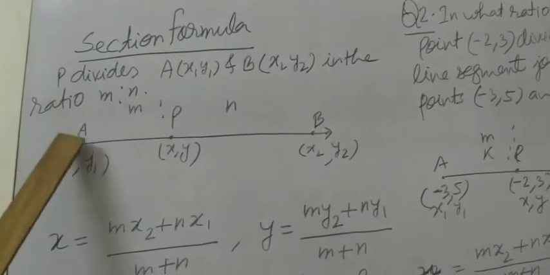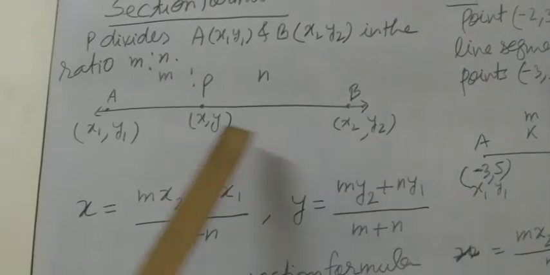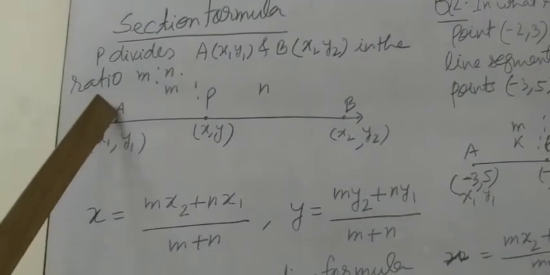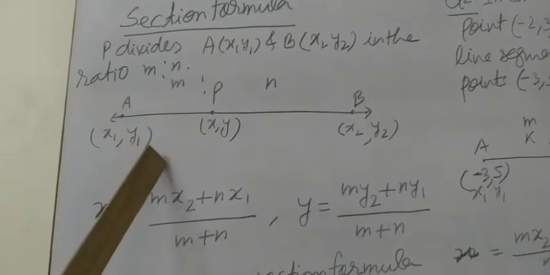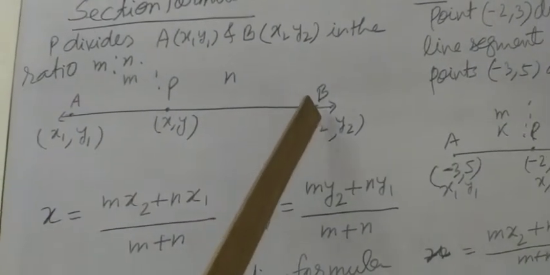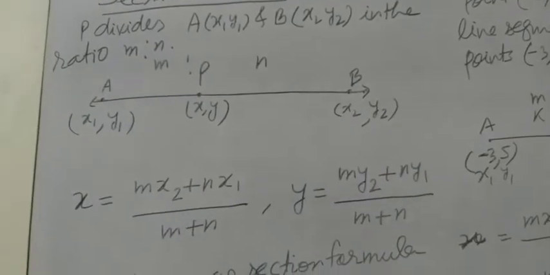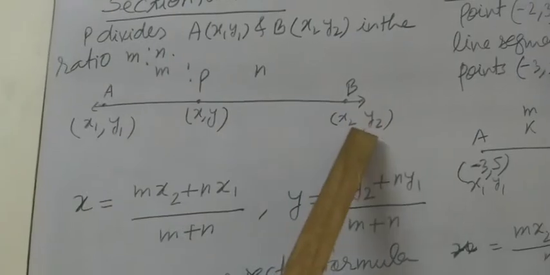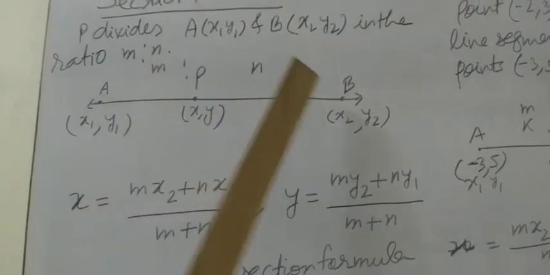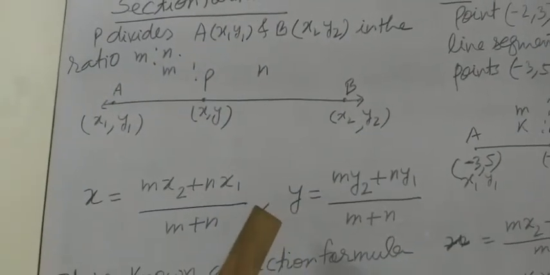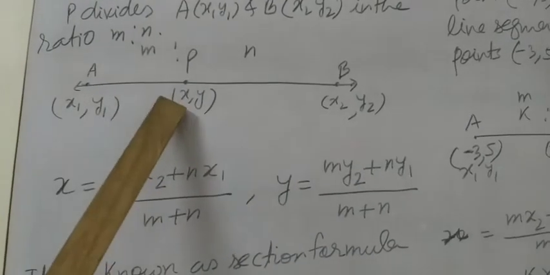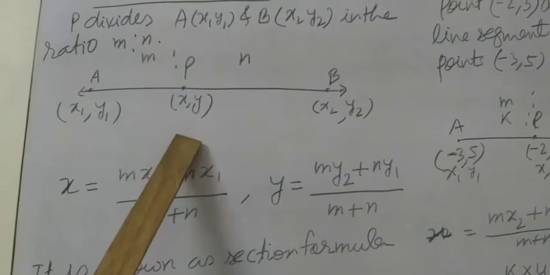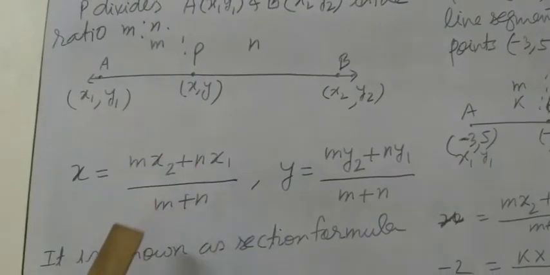If there is a line segment AB, the coordinates of A are x1, y1 and the coordinates of B are x2, y2, and there is a point P which divides AB in the ratio m is to n, then we have to find out the coordinates of P, x comma y.